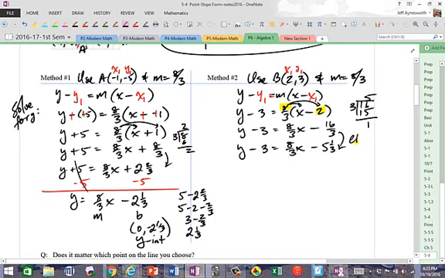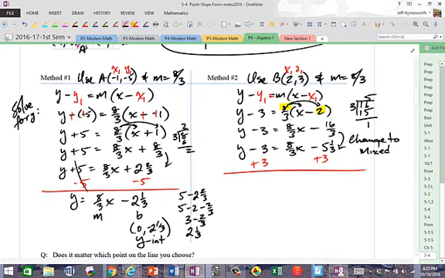So we changed to mixed. Once you do that, you go ahead and add the opposite. And you get y is equal to 8/3 x right here. Let me see. Negative 5 and 3 is negative 2, so you get negative 2 and 1/3. Oh my god, look at this.